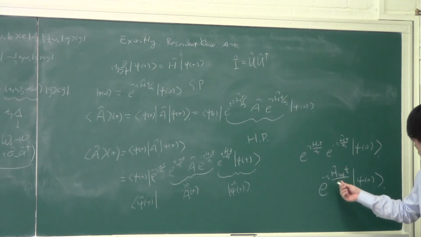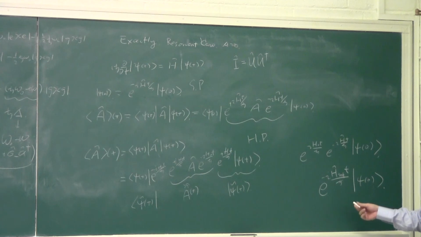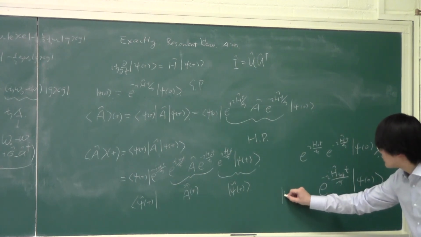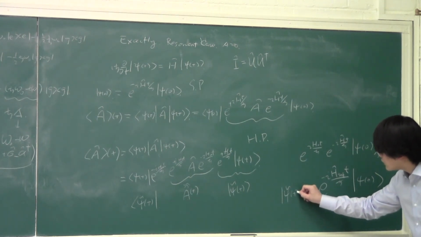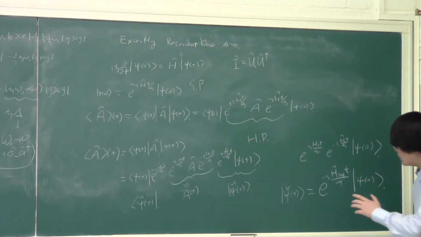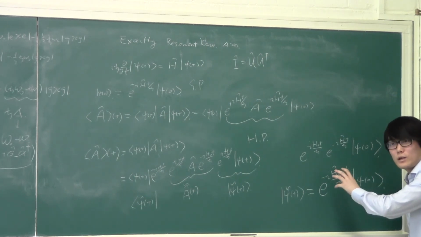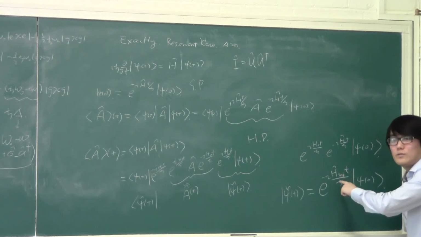And this is like writing things in a special kind of Schrodinger picture, where you have psi tilde of t is equal to this. The time evolution is just caused by the interaction part of the Hamiltonian. So now I can write down a Schrodinger equation with just the interaction part.